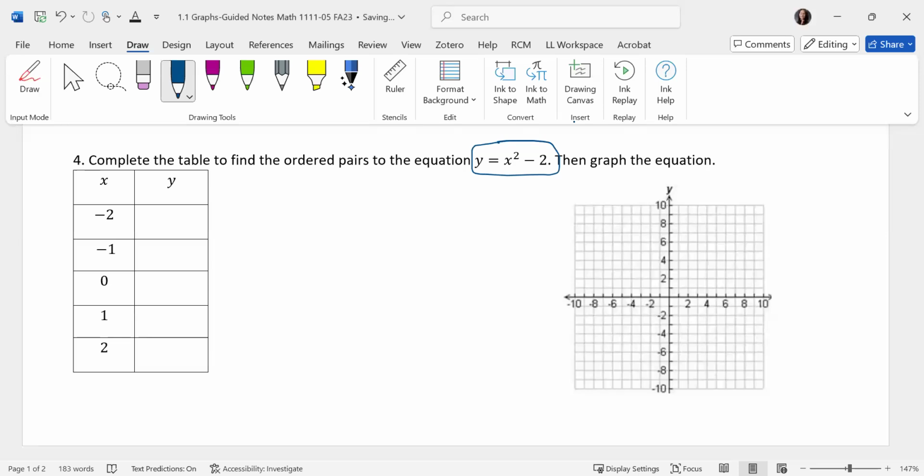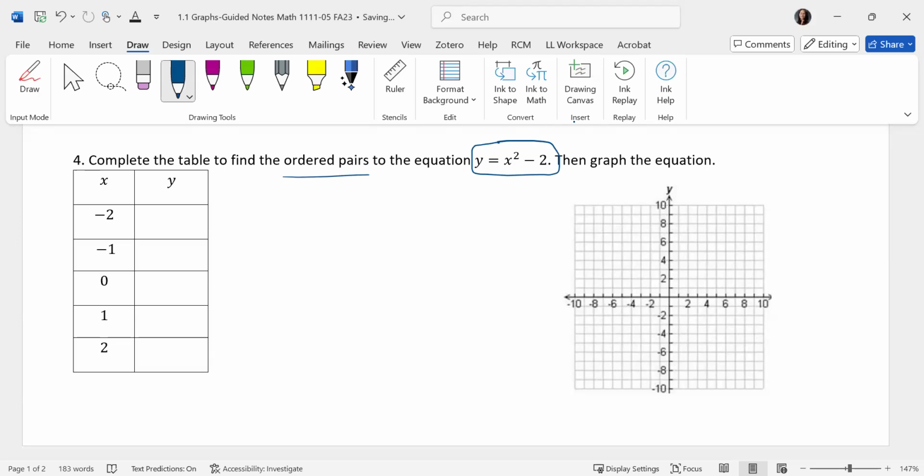And then we'll connect it after we plot those points. We can do that by choosing x values. The x values are already completed in the table for us: -2, -1, 0, 1, 2. And we find the corresponding y values that'll help us plot 5 ordered pairs or 5 points. Ordered pairs just means points, (x, y).